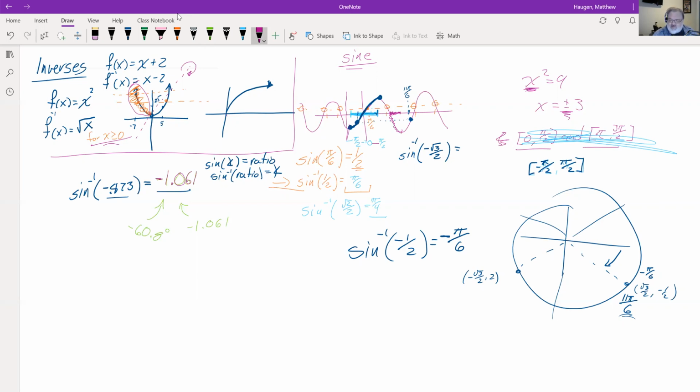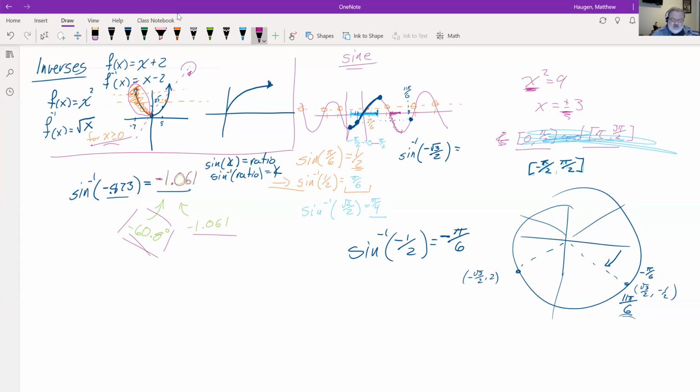So it gave us an answer in quadrant 4 as the only answer it gave us, because that is the only answer sine inverse knows about. If you're in degree mode, it'll give you the one answer in degree mode. These are the same angle, one in radians, one in degrees.